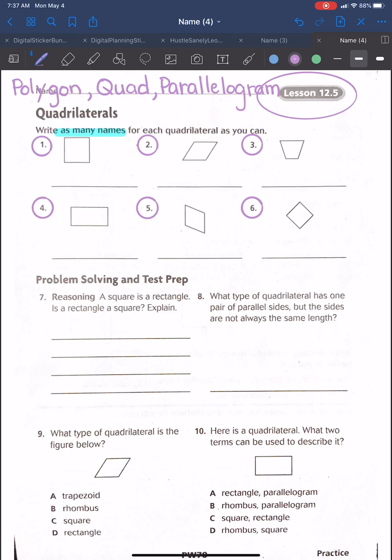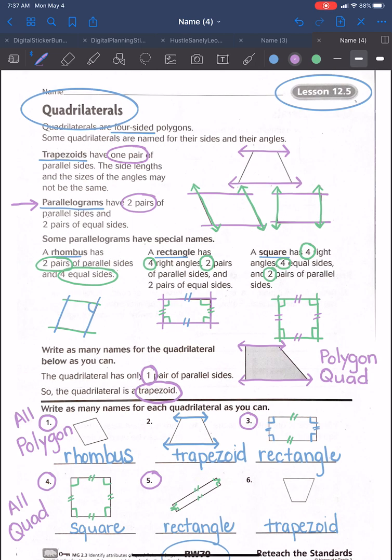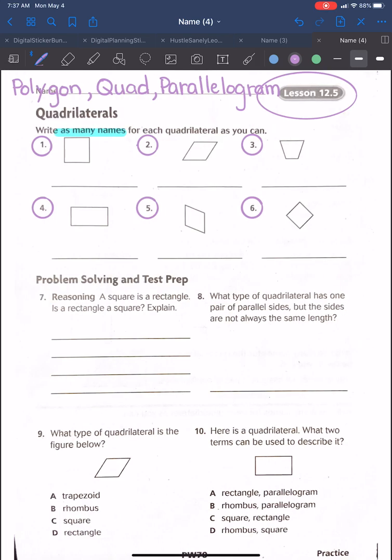Did I spell parallelogram correctly? Let's go ahead and look. Yeah, it looks like I did. Good job.